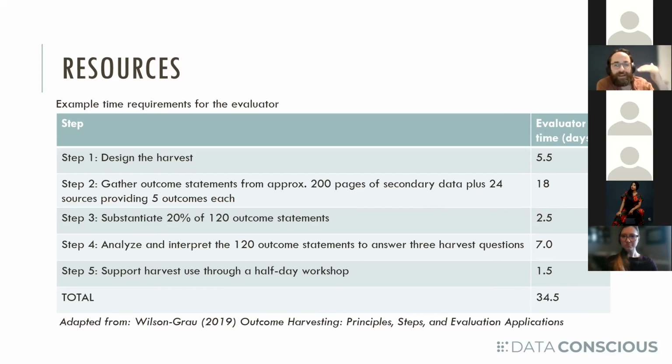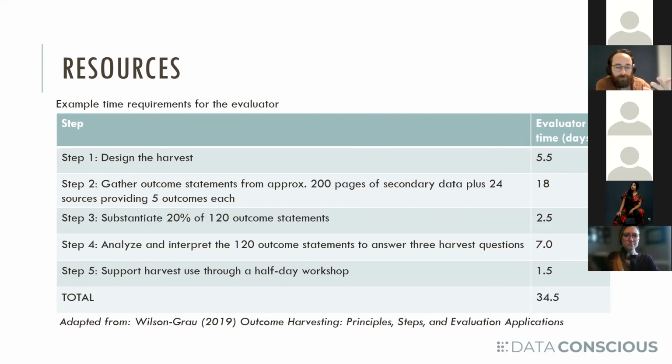So that means how much time does it take to read those documents, do like a 1-hour conversation with each of those 24 people for each of those 5 outcomes. So that's 5 hours per person. And then tie all that together and get good outcome statements of the type that I asked you guys to do in 20 minutes, right? So Ricardo takes 18 days to do that. So that's on the basis of about 200 pages of document, about 5 outcome areas and about 24 people.